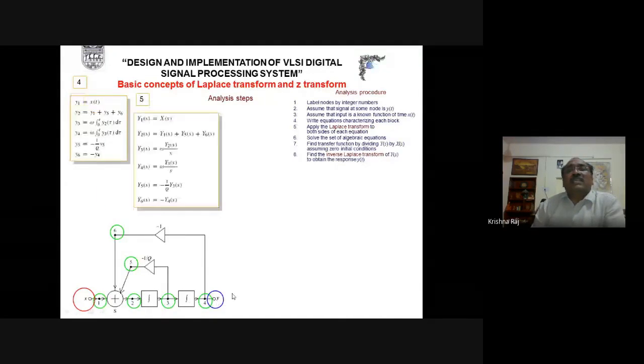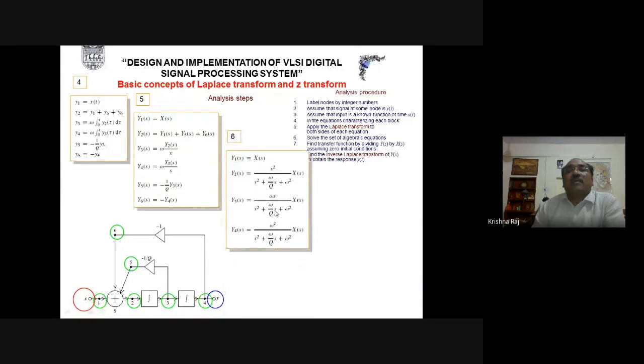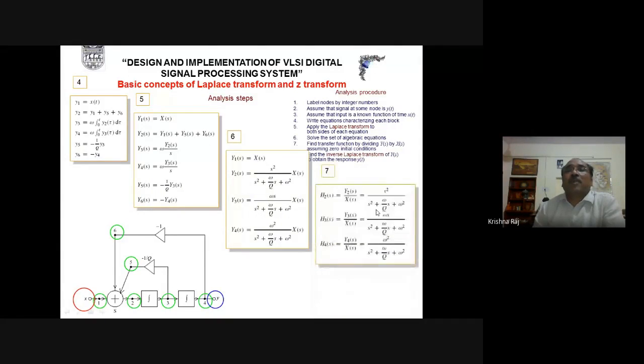Now the next step is to apply the Laplace transform to each and every equation, and then solve the set of algebraic equations. We will try to get the solution of these algebraic equations. Then find the transfer function by dividing Y(s) by X(s).